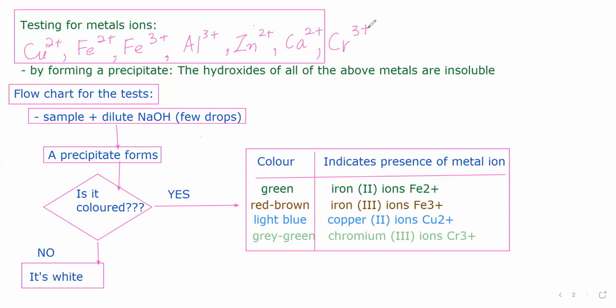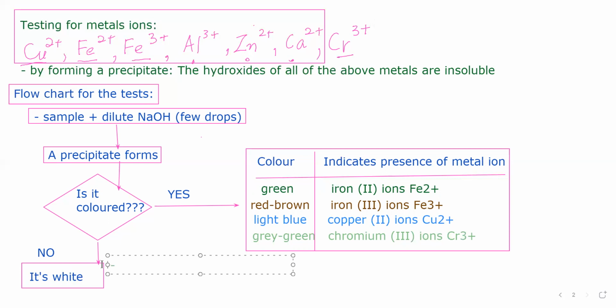Now, it means we have already done 4 of them: chromium, iron 3, iron 2, and copper. So how about these 3: aluminium, zinc, and calcium? Here, when I say no color, it's white. So what does it suggest?